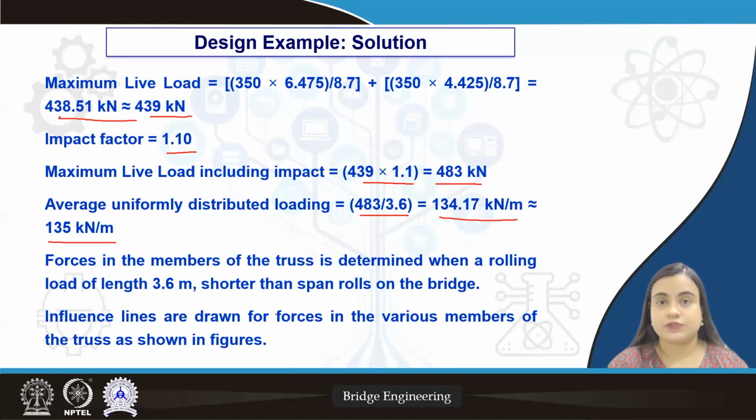Forces in the members of the truss is determined when a rolling load of length 3.6 meter, which is shorter than the span length of 5 meter, rolls on the bridge. We can go for drawing the influence line diagrams for the forces in various members of the truss.